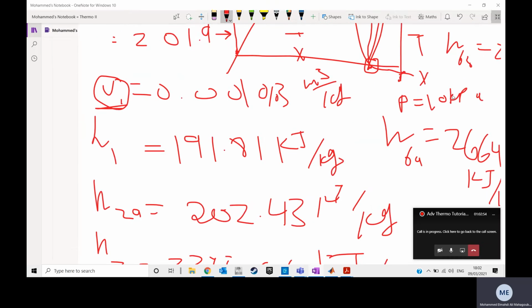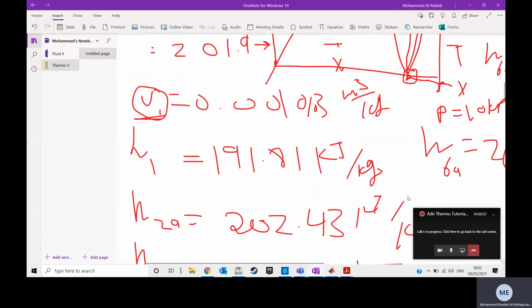So he wants me to see whether this point is outside the dome or inside the dome. I can give him either the X or the temperature. So what is the state there? The isentropic point and the actual point both have the same pressure, but they differ in the entropy and in the H. So go to 10 kilopascals.